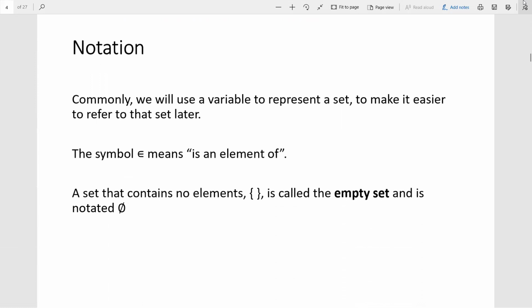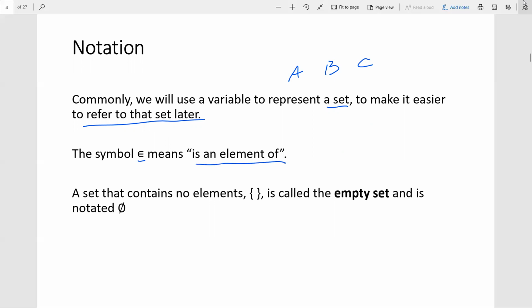There's some notation that we use. We will use a variable to represent a set to make it easier to refer to that set later. It could be called A, B, C, or anything you want. The symbol that looks sort of like an E means "is an element of."